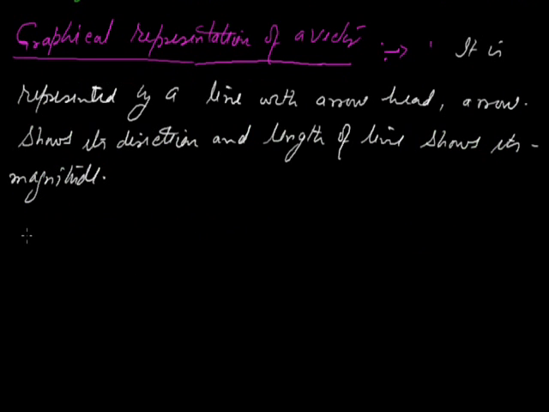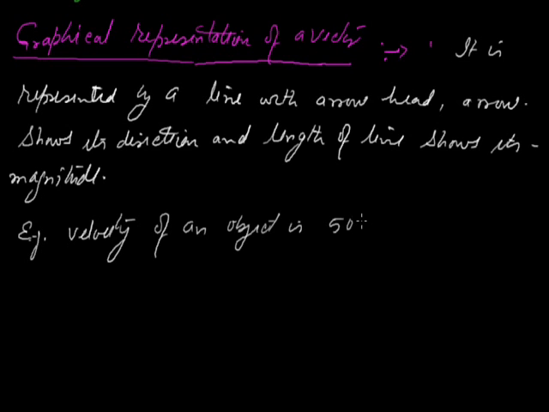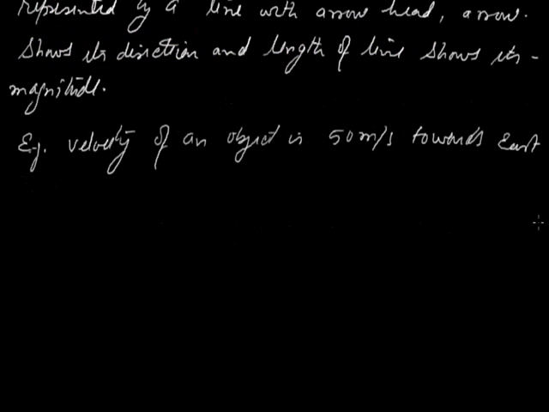For example, the velocity of an object is 50 meter per second towards east. How will we show this vector on graph paper?